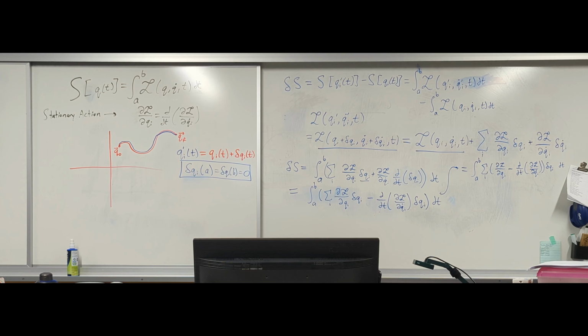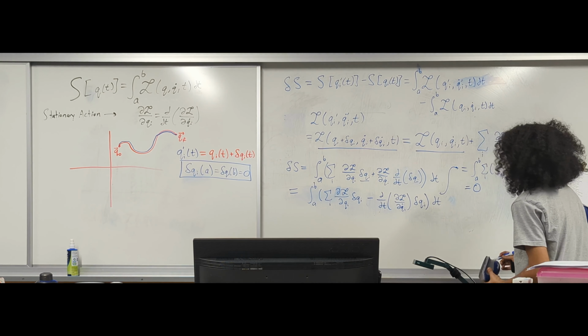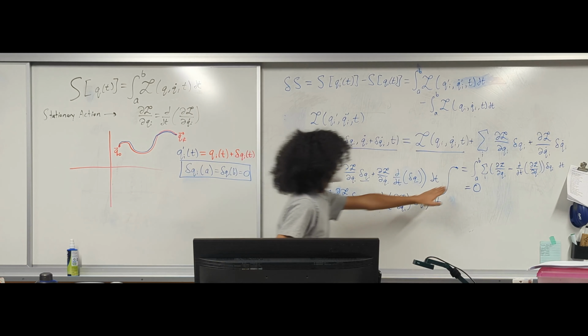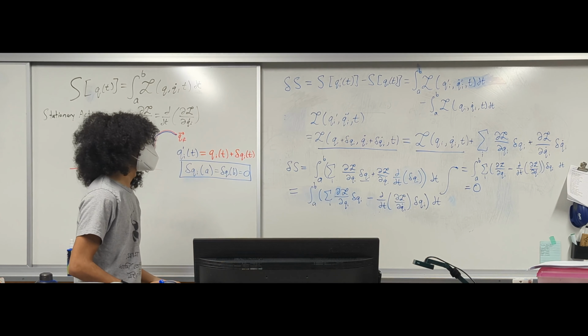Okay. Well, this is always 0 because this is just the variation of the action, which we're saying must be 0.